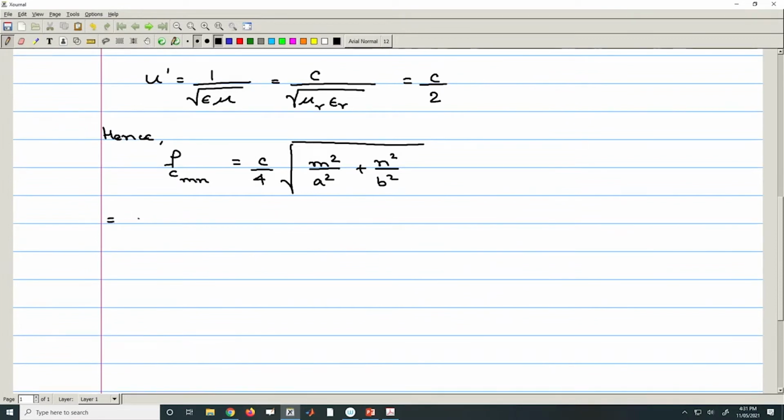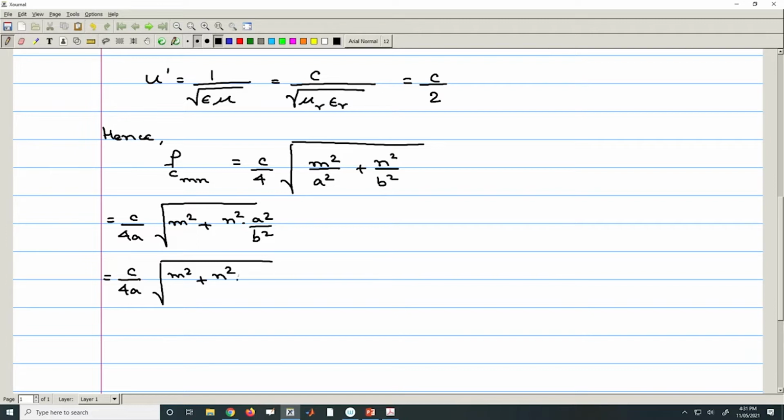This can be simplified as c upon 4a root over of m square plus n square times a square upon b square, which can be written as c upon 4a root over of m square plus n square times, so a by b was 2.5, right. So, we will substitute in place of a upon b as 2.5 square.